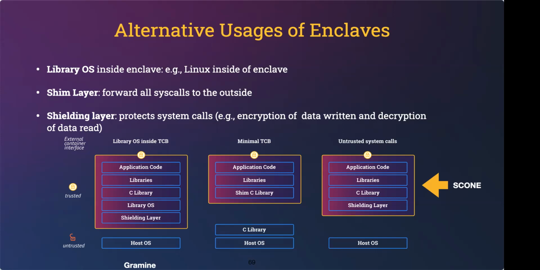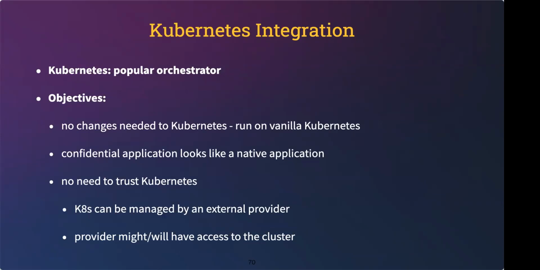So the question you face is, should we put an OS in our enclave or not? That was one of the research questions that we addressed. And we decided, on the right side, to have a C library in the enclave, but no operating system.